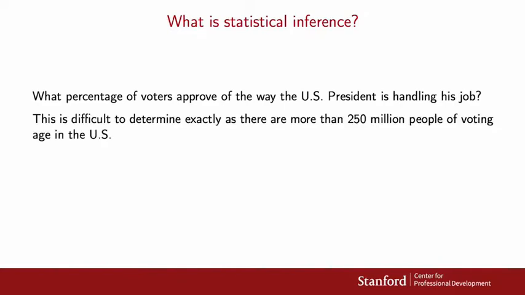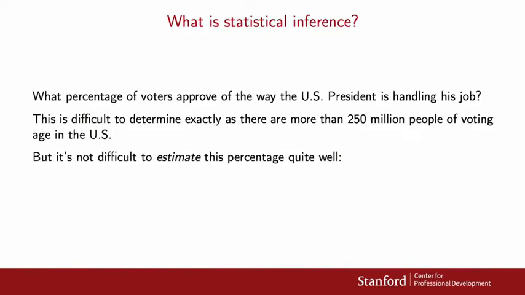If you think about it, it's actually quite difficult to answer that question because you would have to ask each voter, and there are more than 250 million people of voting age in the US. It's a daunting task to ask all of these 250 million people, so this would seem to be an impossible question to answer. However, it's actually not that difficult to estimate that percentage.